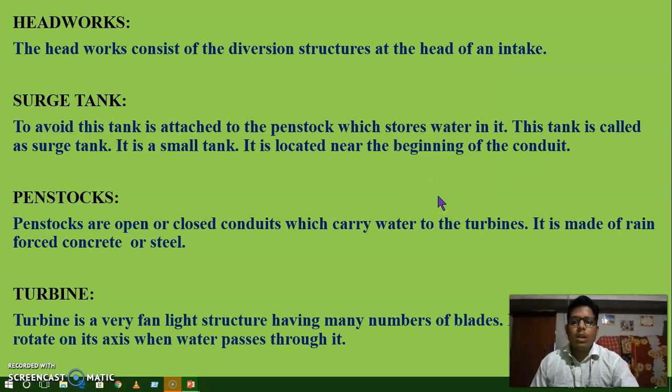And the penstock. Penstocks are open or closed conduits which carry water to the turbine, and they are made of reinforced concrete or steel. And then the turbine. A turbine is a fan-like structure having many blades, and the blades rotate when water passes through it.